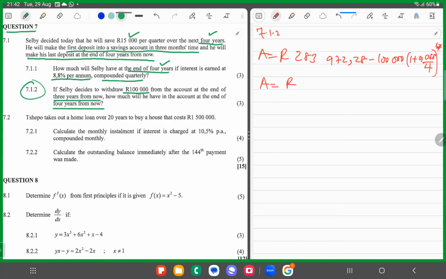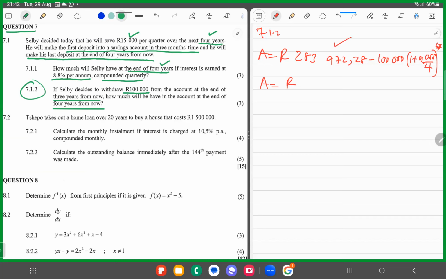If Telby decides to withdraw 100,000 from the account at the end of 3 years from now, how much will he have in the account at the end of 4 years from now? At the end of 4 years from now, this is the amount that's going to be there.